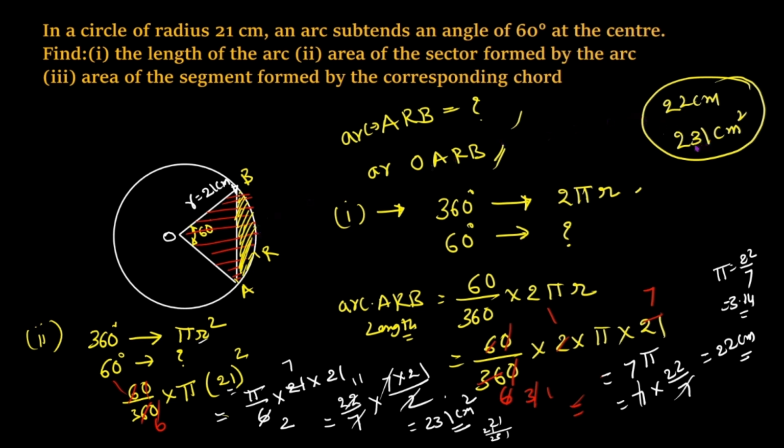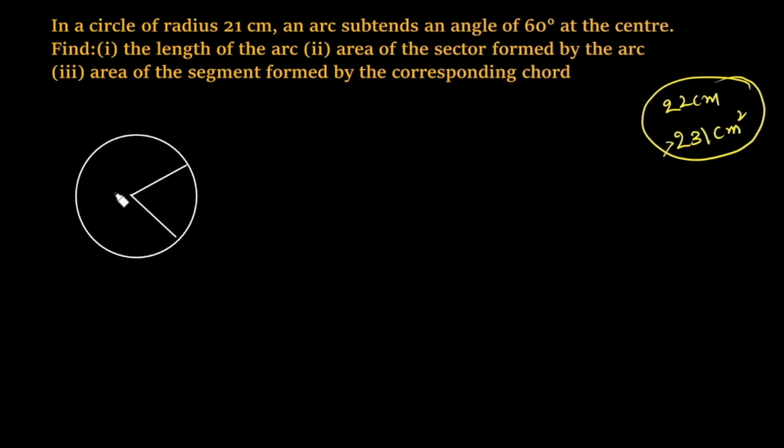The total sector area is 231 centimeters square. Now we will find this triangle area. Once you find it, we will subtract it from the total area. I will make it in the next slide. I will take this picture. Let's mark the same points.